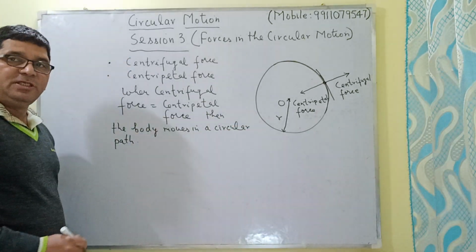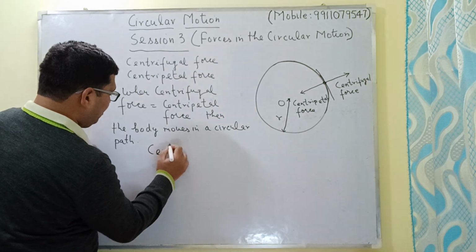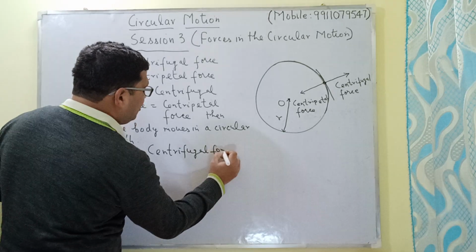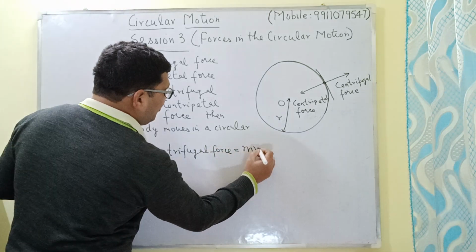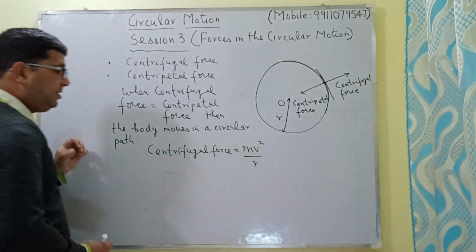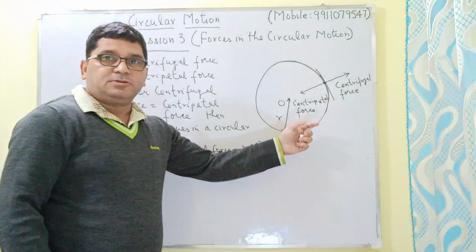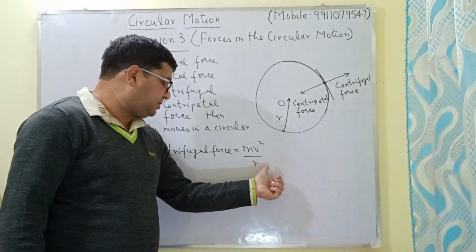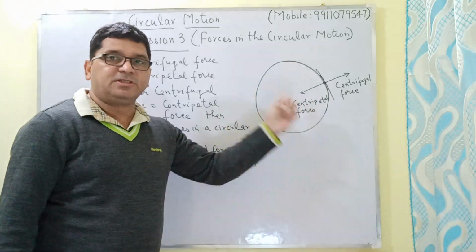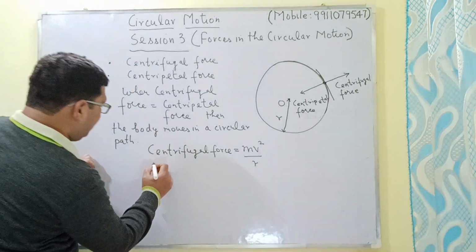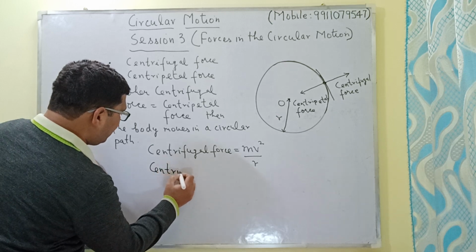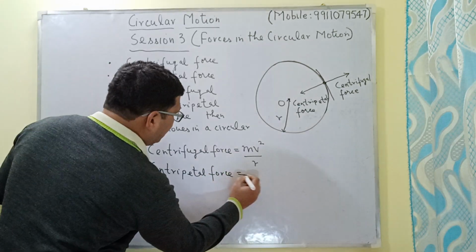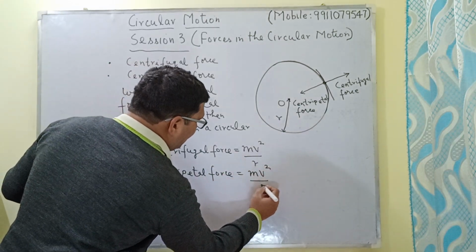The magnitude of the centrifugal force is equal to mv square by r, and the centripetal force has to be equal to this centrifugal force, so that this body moves in a circular path. It means that the centripetal force should be equal to mv square by r.